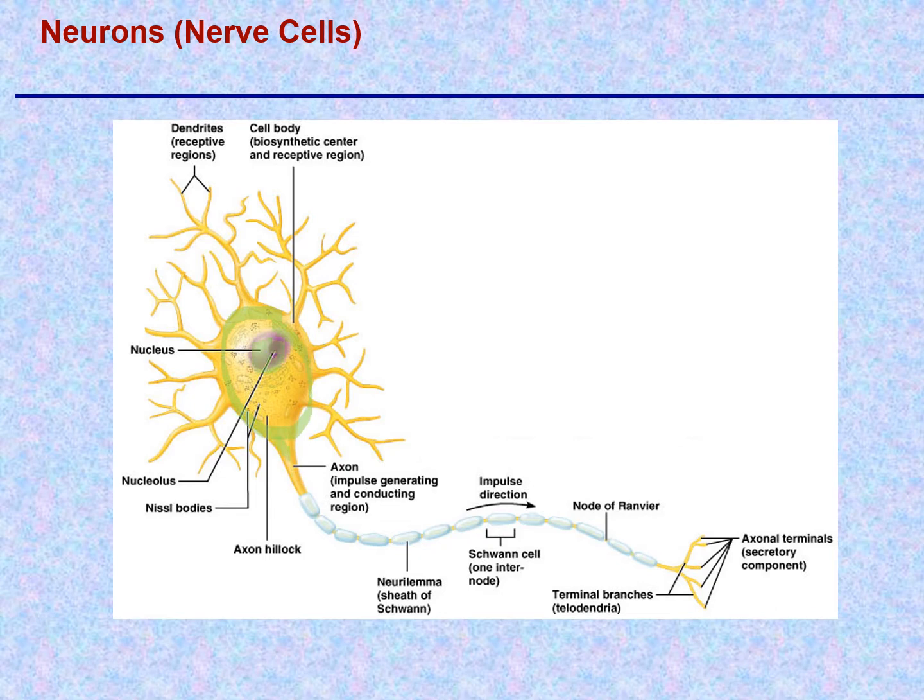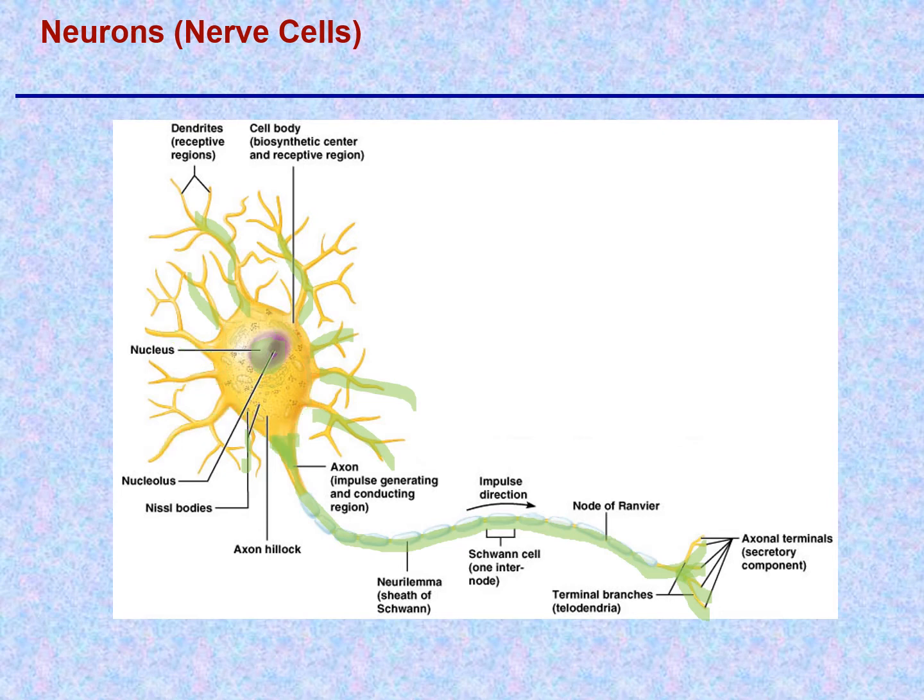And this larger extension has quite a large base. This larger extension is called an axon, and that part of the cell is involved in sending signals out away from the nerve cell. These other, smaller extensions are called dendrites, and they're involved in collecting or receiving signals from other cells or other tissues.